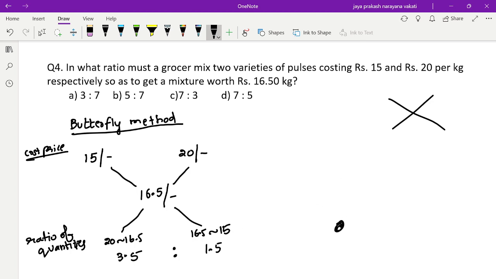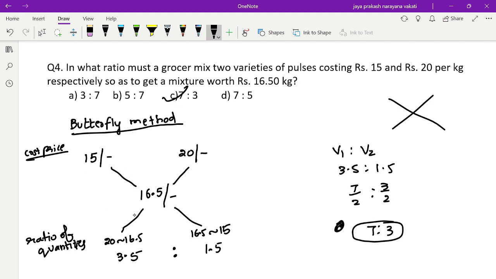So variety 1 to variety 2 ratio we got as 3.5 to 1.5. 3.5 is 7 upon 2, 1.5 is 3 upon 2, so it is going to be 7 is to 3 ratio. So our answer is this. Remember this, guys. When you take cost price, you will get a ratio of quantities.